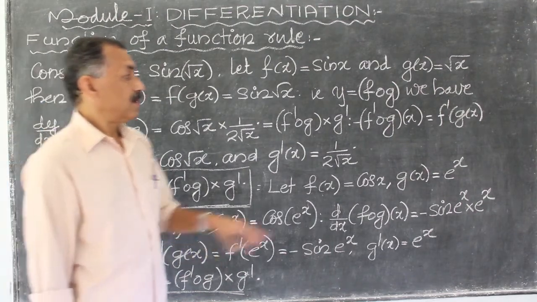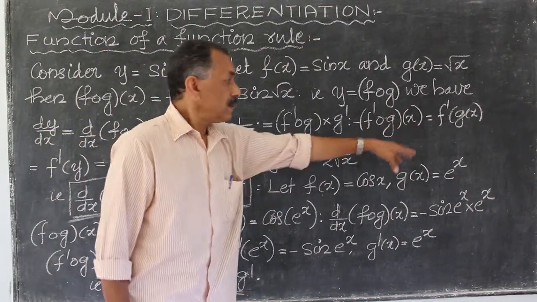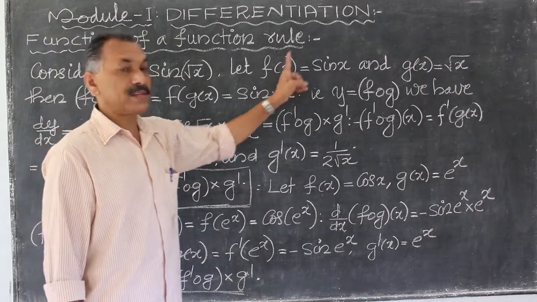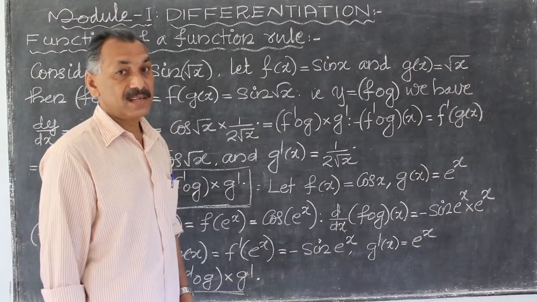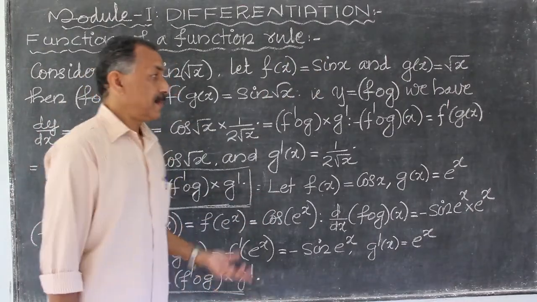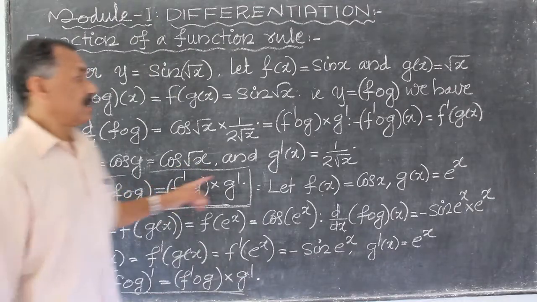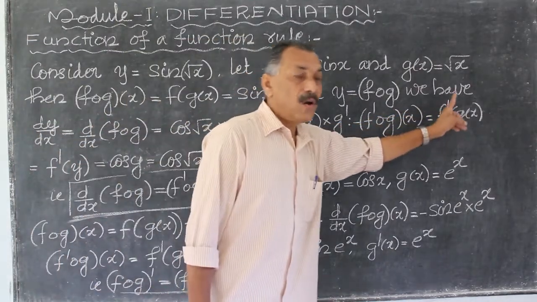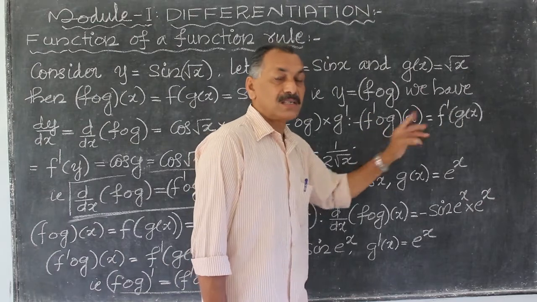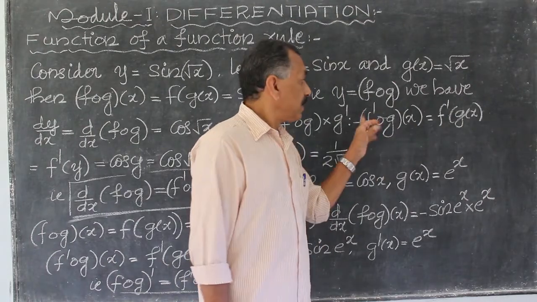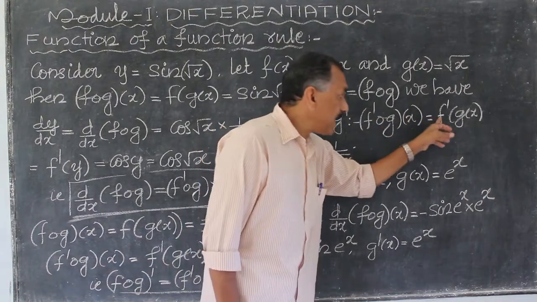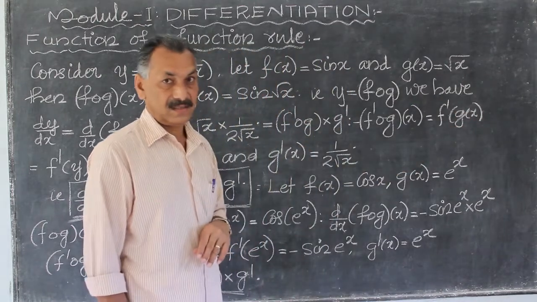Second, consider what is f dash x. f of x is equal to sin x. What is f dash x? Cos x. We consider the composite f dash dot g. What is f dash dot g of x? f dash dot g of x is equal to f dash of g of x.